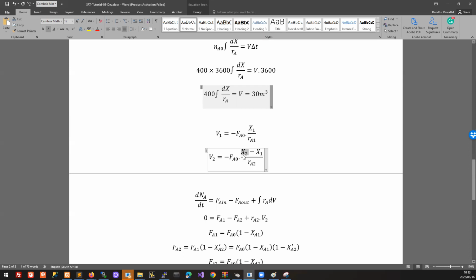If we choose that to be the overall conversion, then we have to reference it with the total inlet amount. That is a better way to do it, to keep the same reference. Whenever you deal with conversion, you are always converting with respect to some reference point, some inlet or initial amount. So be quite careful with this. That's how you can calculate the volume of the second one. Any questions or comments on that?